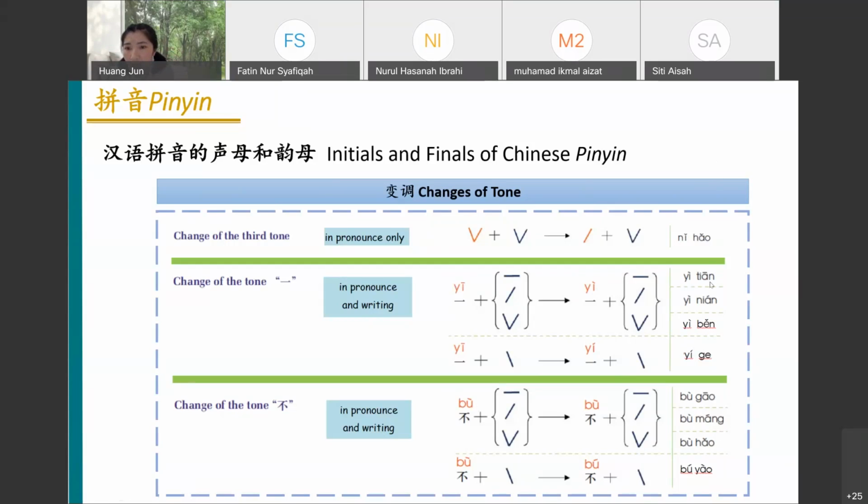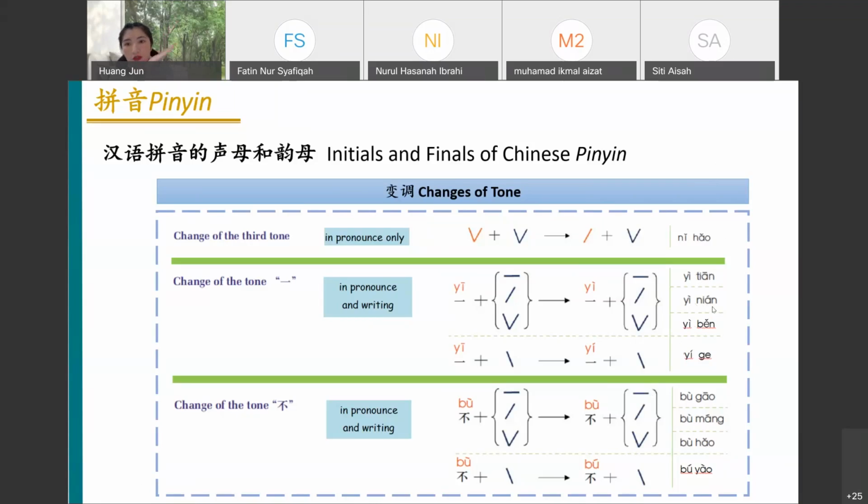Like the example we show you. If the word after "yi" and "bu" is tone number 1, 2, or 3, then you change the tone of "yi" and "bu" to number 4. Okay, look at the example. We use 一天, 一年, 一本.